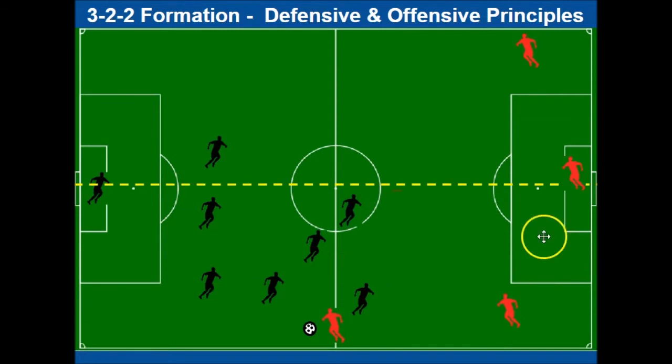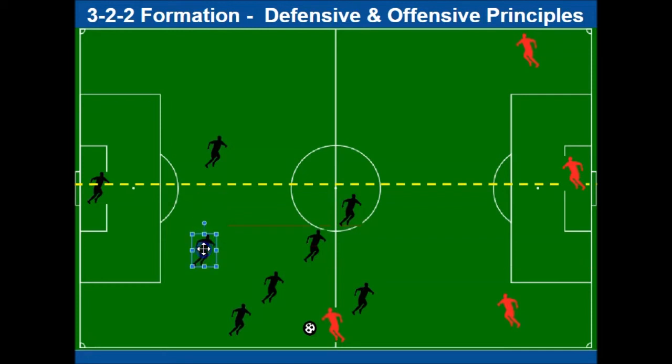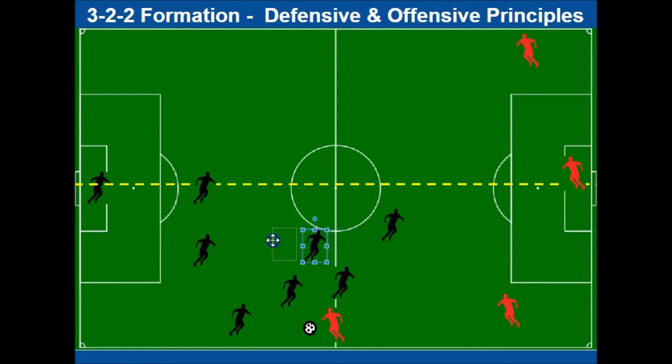Okay. But if the ball's here, we should see the right wing back get engaged. Maybe the center back comes across a little bit to cover that space, and the weak side fullback tucks into that middle line. One of the strikers might be a little bit high, the other one might come down a little bit to look to hunt together. And we should have that triangulation again, kind of like that.